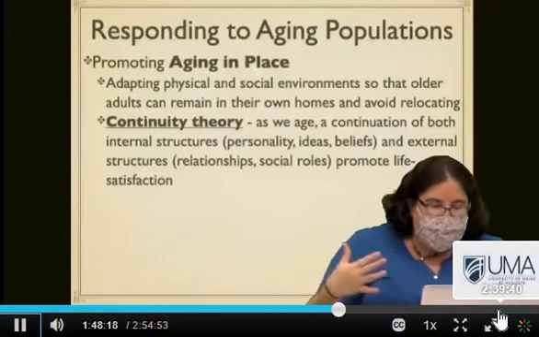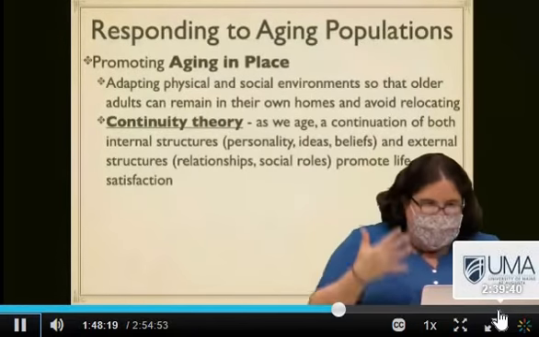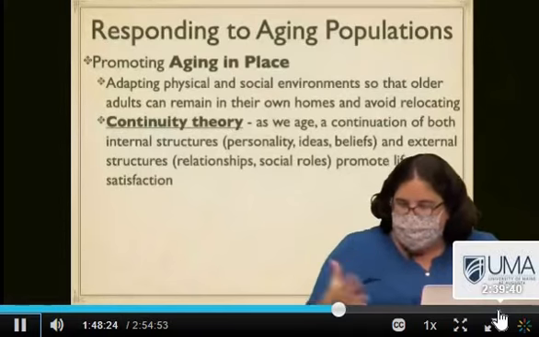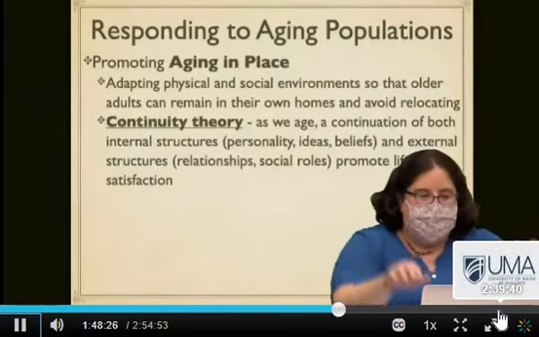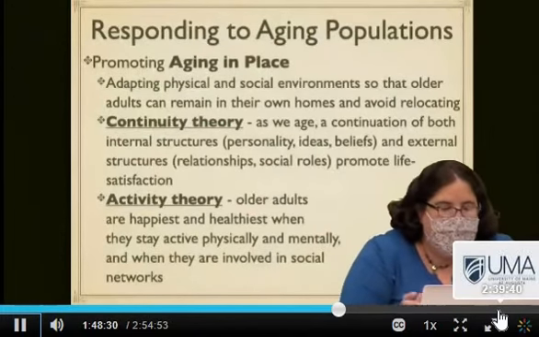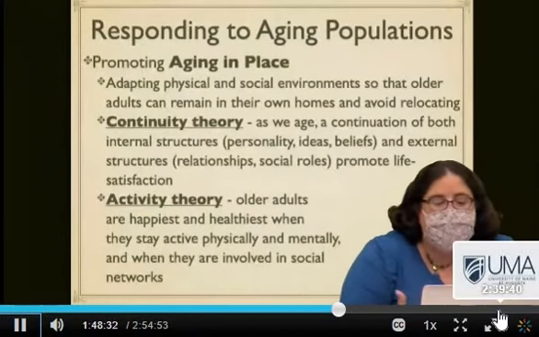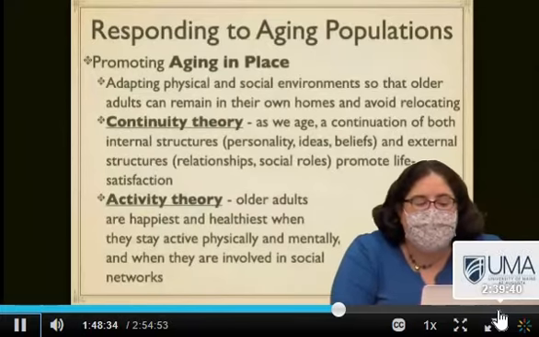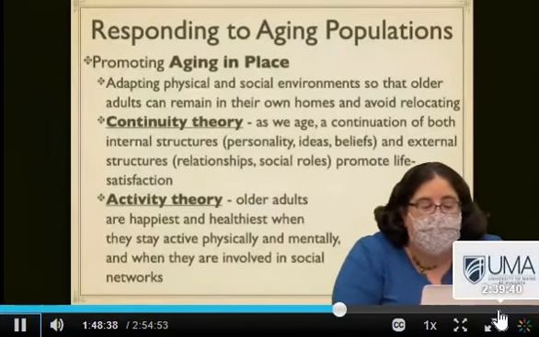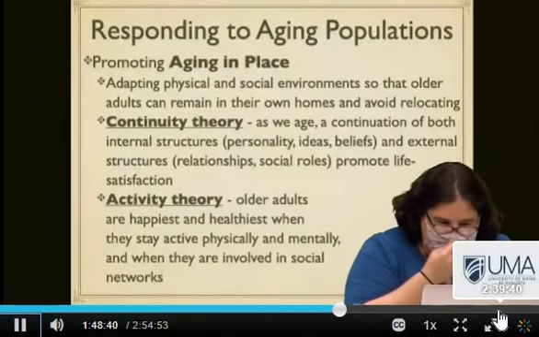We are happier when we can maintain what we are already doing, our personal internal processes and our relationships. The other theory is called activity theory, and it says that older adults are happiest and healthiest when they stay active physically and mentally and when they are involved in social networks.